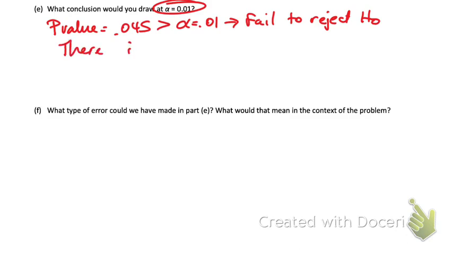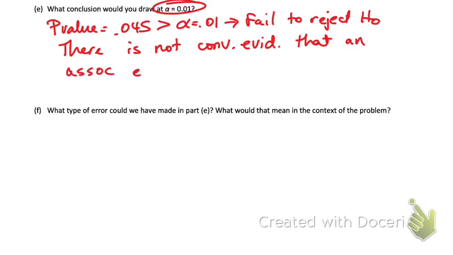There is not convincing evidence that an association exists between these 2 variables, gender and fright symptoms. You should write all that in context of the problem when you're doing the actual work.